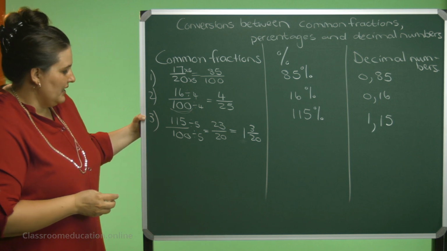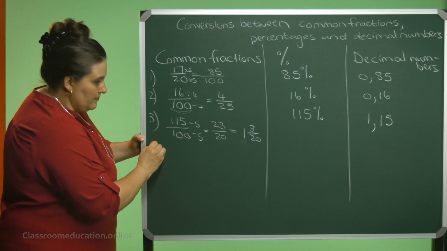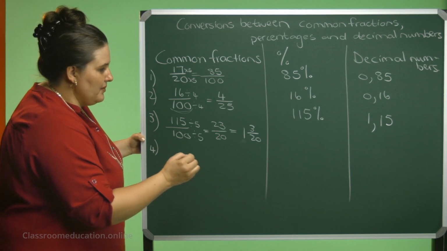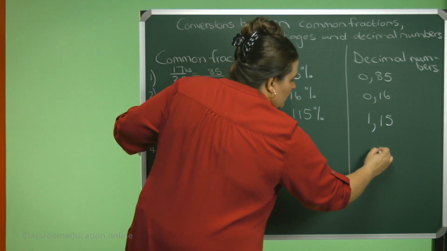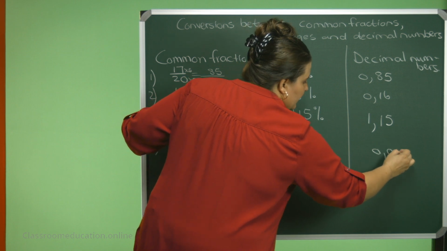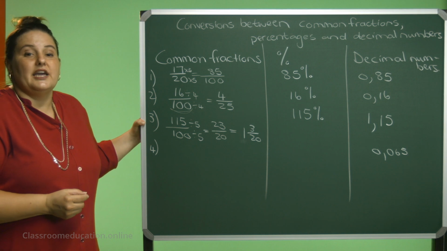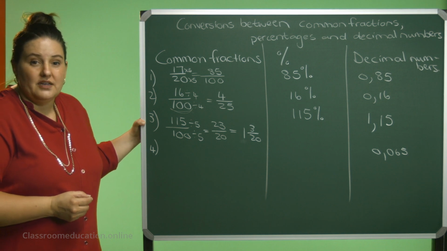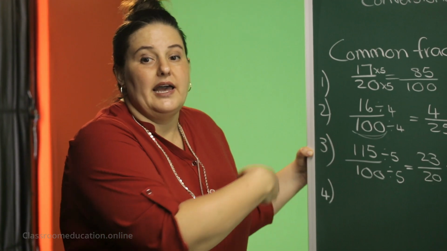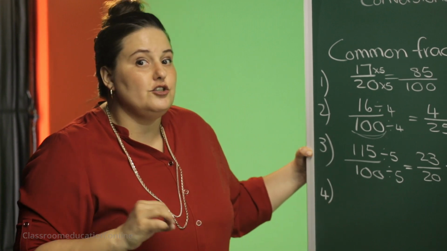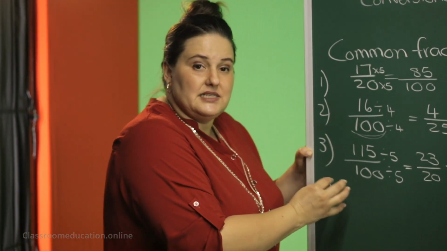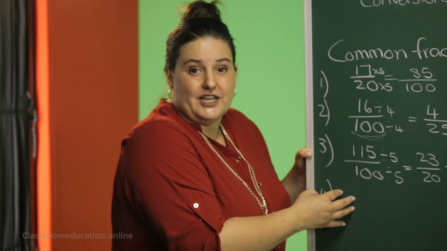Do you understand? I hope so. Number 4. If I'm giving you 0.065 as a decimal number, and I would like you to change that for me to a common fraction and a percentage, what will you do? Maybe it's easier starting with your common fraction again.